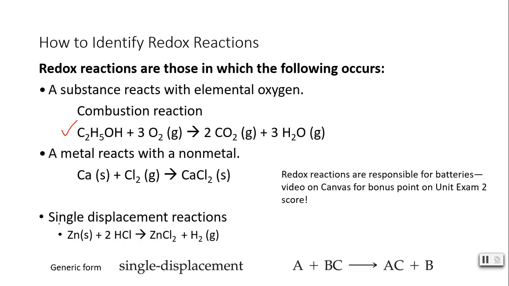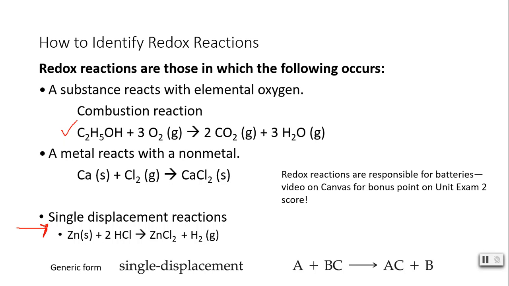Also, single displacement reactions are redox reactions. And this is probably one of the more important ones for Introchem, because your redox lab in experiment 7 is all about single displacement reactions.